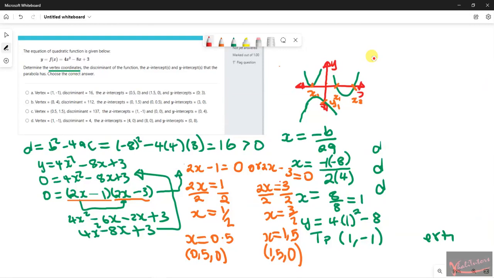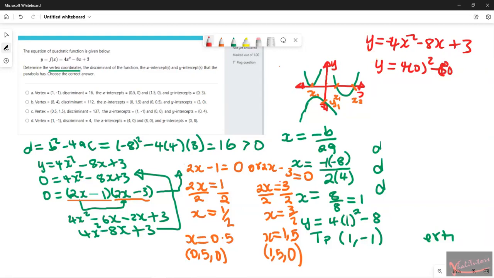We know at the y-intercept x equals 0. So we take the function as it is, y equals 4x squared minus 8x plus 3. Then we substitute 0 where there is x.